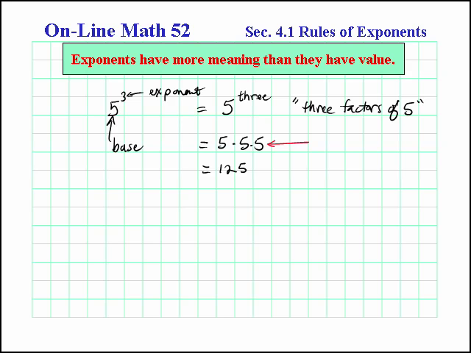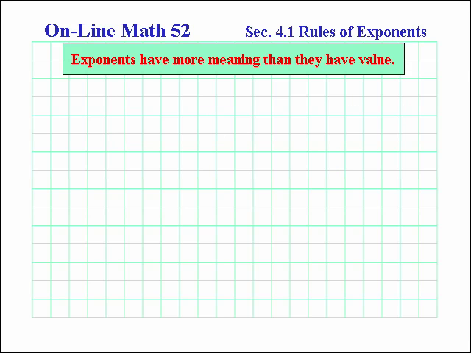Let me start fresh here with example 1. By the way, this is on page 4.1-2. We're simply asked to state the meaning of each of the following. Part A says 2 to the 5th power, or 2 to the 5th.